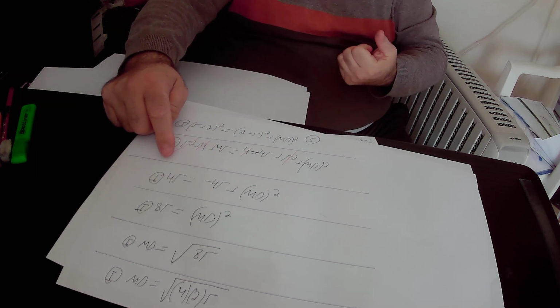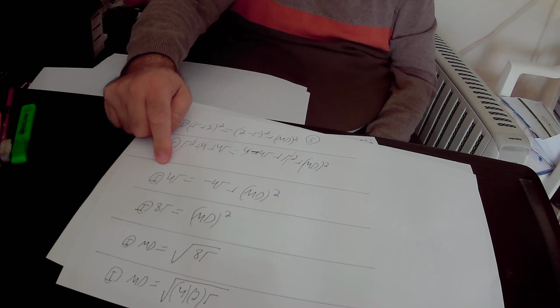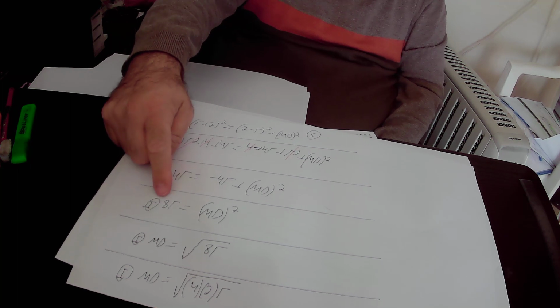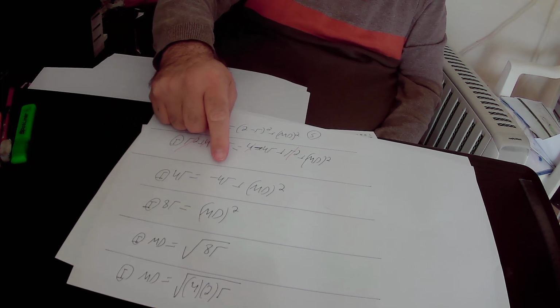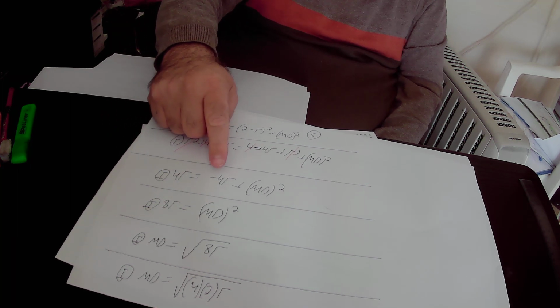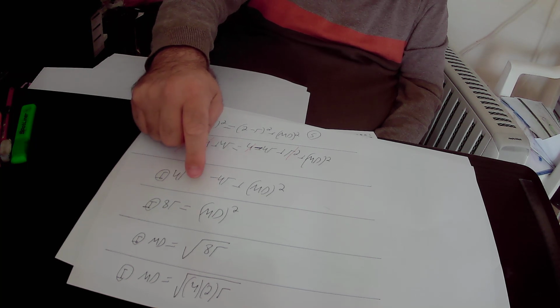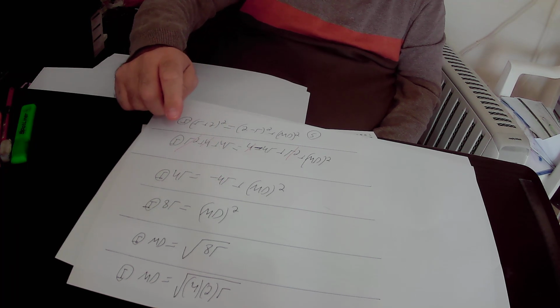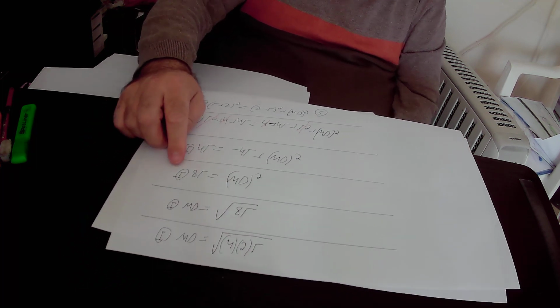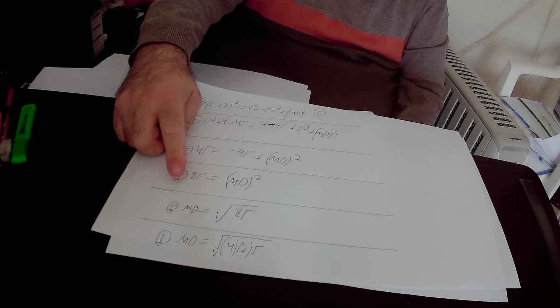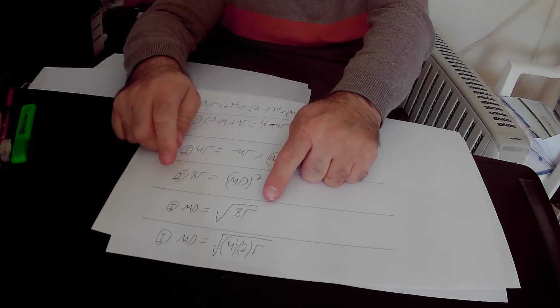We added 4R to this equation. So here 4R plus 4R is 8R, and minus 4R plus 4R is 0. So what is left here is 8R equals MD square. Here we took the root of equation number 1, and we got that MD equals the square root of 8R.